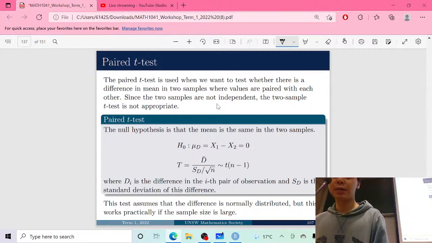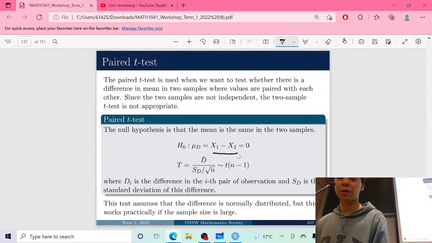Because the two samples are not independent, we can't use the two sample t-test, and so we have to introduce what we call a paired t-test here. The null hypothesis is going to be exactly the same, in that you're testing whether there's a difference between the two means.